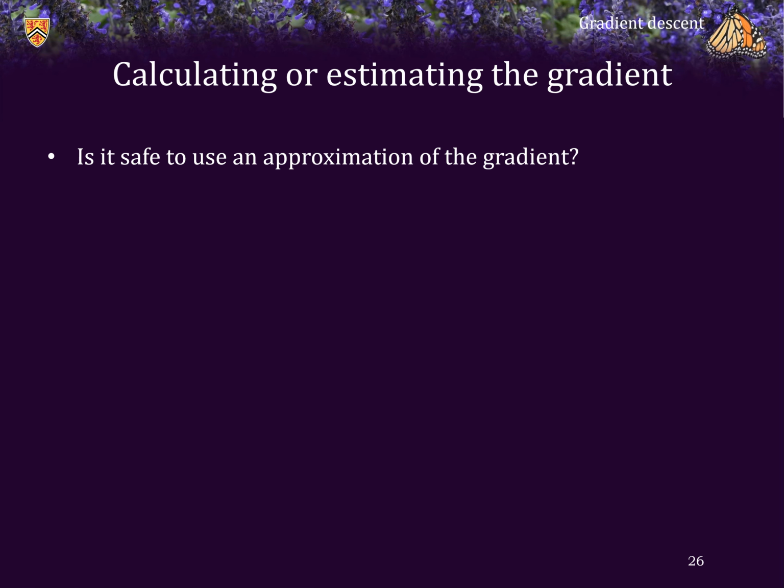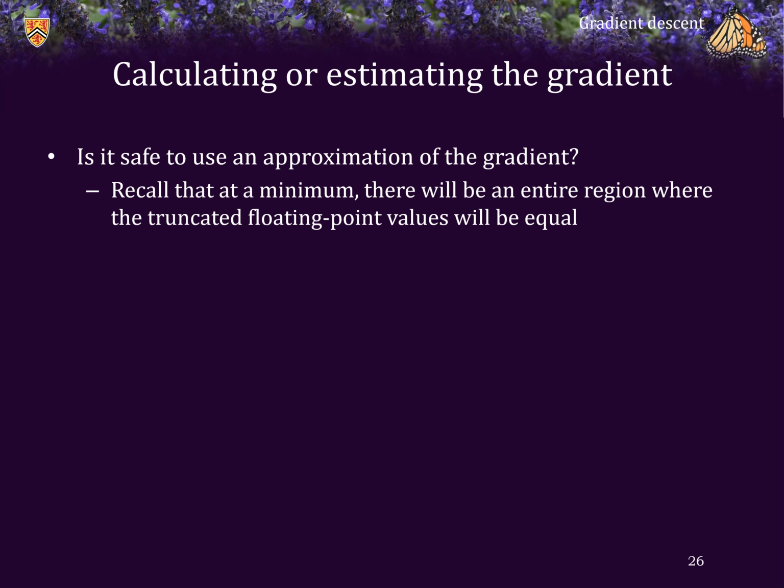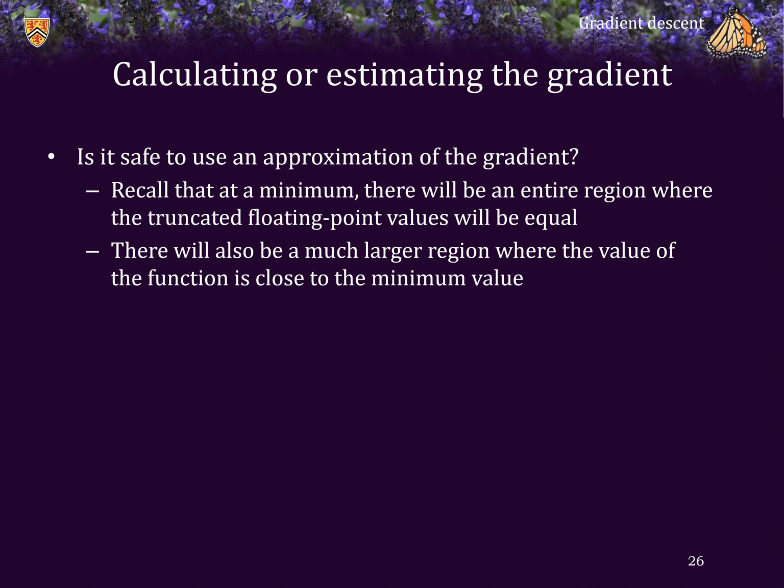Now, is it safe to use an approximation of the gradient? Well, recall that at a minimum, there's going to be an entire region, not just a single point, where the truncated floating point values are actually equal to the truncated floating point value of the actual minimum. There will also be a much larger region where the value of the function is exceptionally close to the actual minimum value.